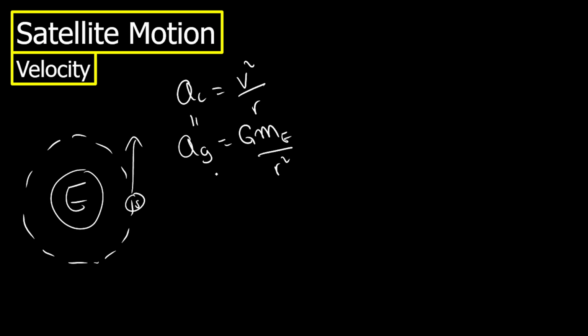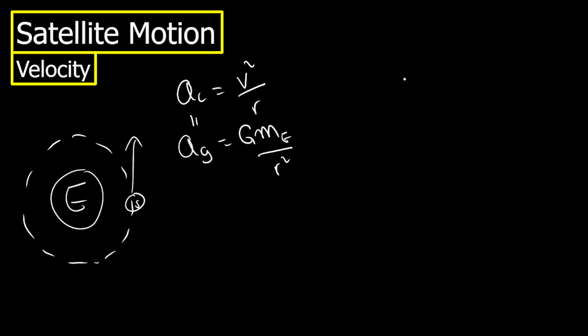For this derivation, we remind ourselves from chapter 6 of centripetal acceleration, which is equal to v squared over r. And we remind ourselves of gravitational acceleration, which is G Me, the mass of the earth, over r squared. These two are equal to each other because the gravitational acceleration is what allows the satellite to orbit the earth.